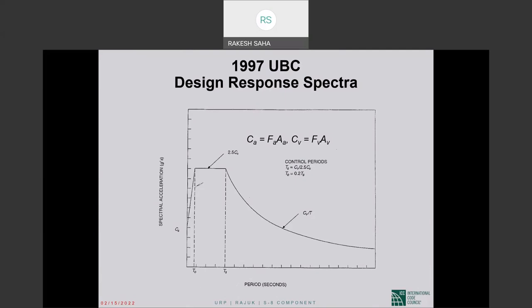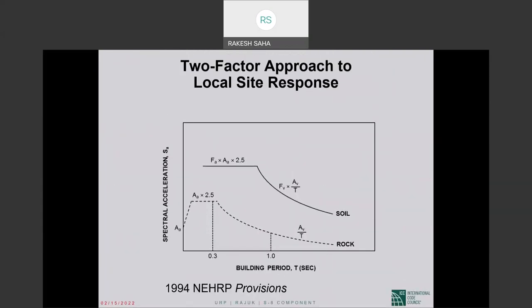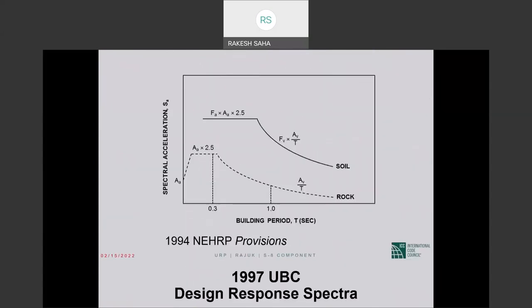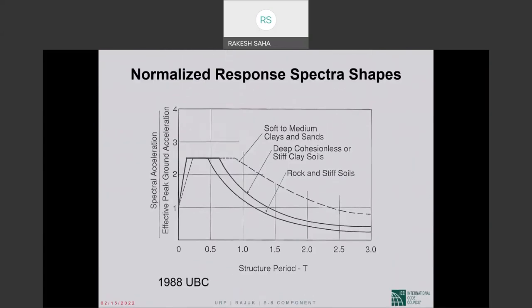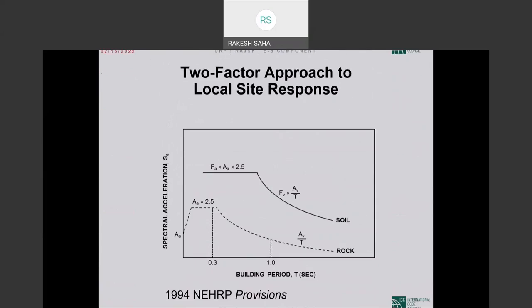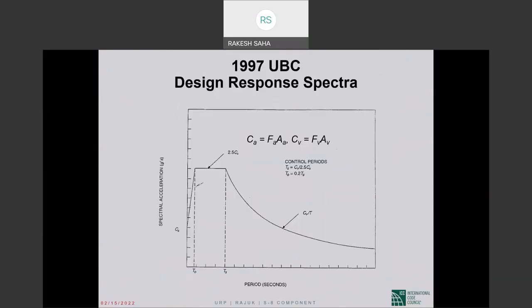So the 1997 UBC spectrum is not very different from what we had earlier, except that this two-factor approach had been introduced.